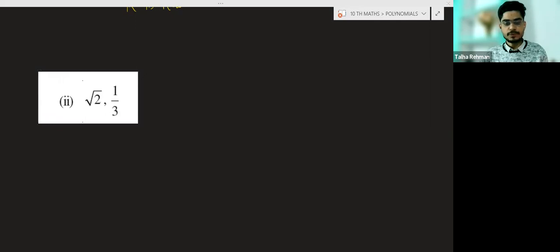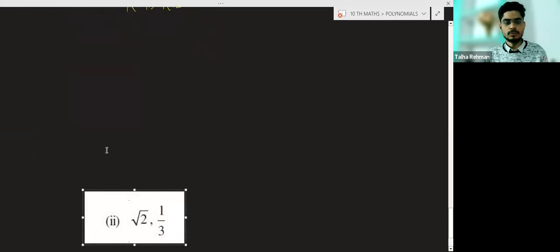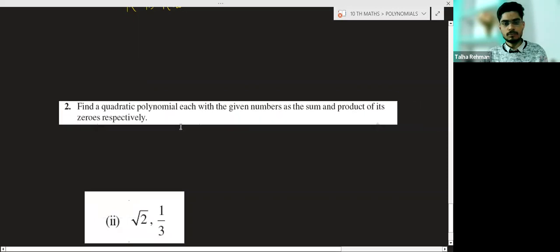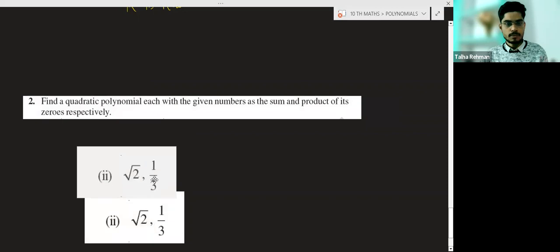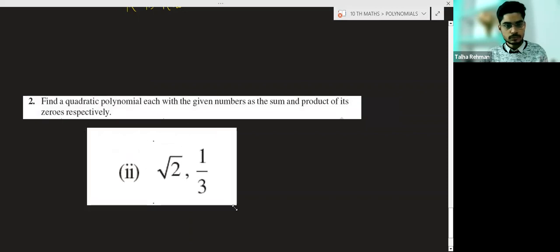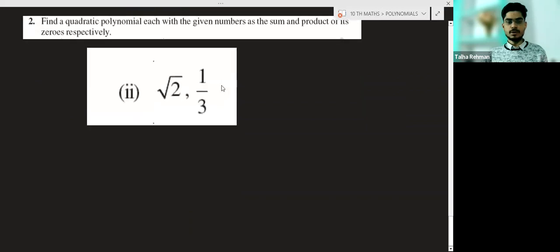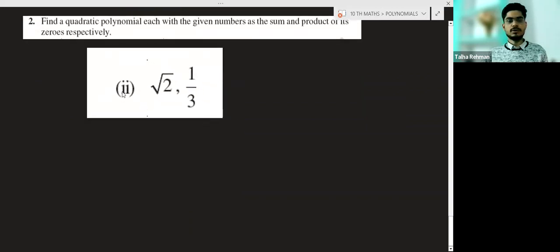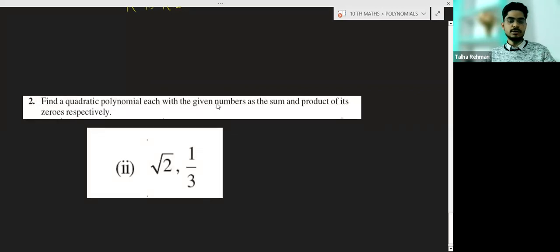In this question also we have to find the quadratic polynomial, and zeros are given. This is the question. These are two zeros. Find a quadratic polynomial each with given numbers as sum of the product of its zeros respectively.